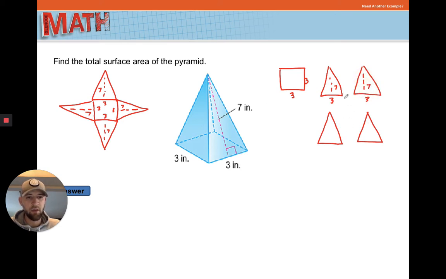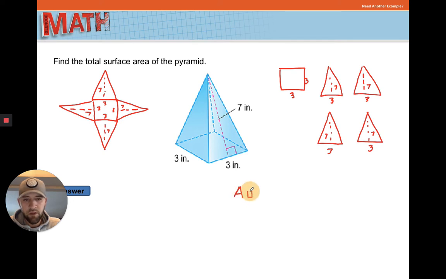I can finish them for you. The bottom is 3, and the slant height is 7. I'm going to do our second way, just because that's the way we have been doing it. So the area for my square, let's work down here.